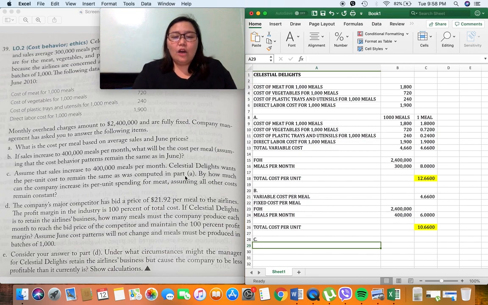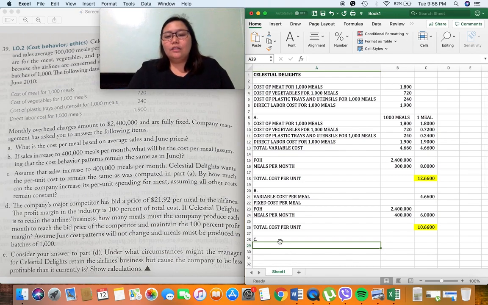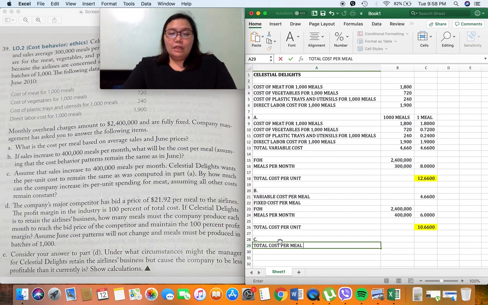Now, going back to the requirement of the problem, what the problem wants us to do is determine how much they can increase the cost. By how much can the company increase its per unit spending for meat, assuming all other costs remain constant? So, the needs will be 400,000 per month, but they want to have the same total cost per unit as letter A. If that is the case, we will simply deduct the total cost per meal based on 300,000 meals.